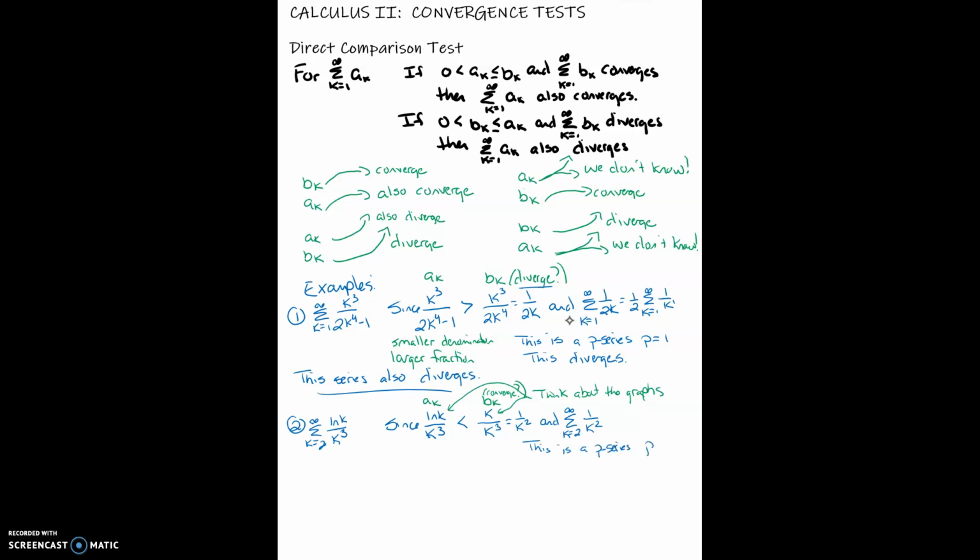In this case, p is equal to 2. Well, p is equal to 2, which is greater than 1, which means that this series actually converges. Yay, that's what we wanted. We wanted this to converge. If the b sub k's converge, then my original series of a sub k's also converges.